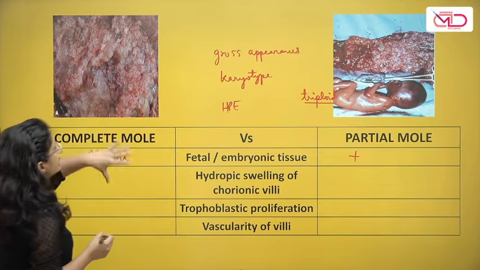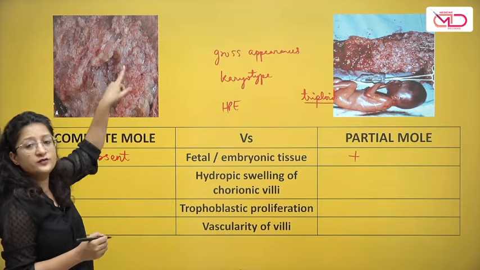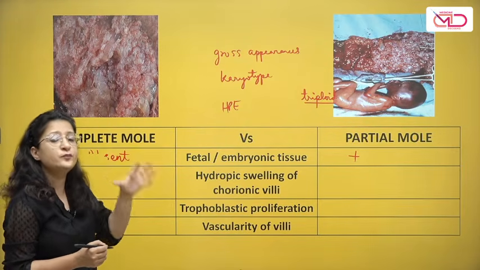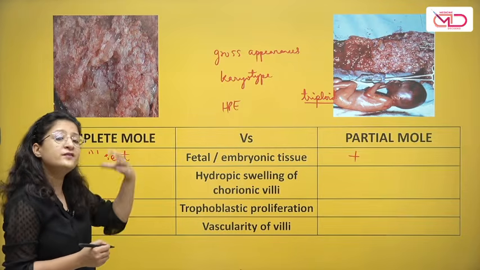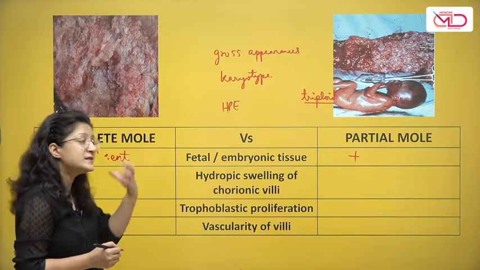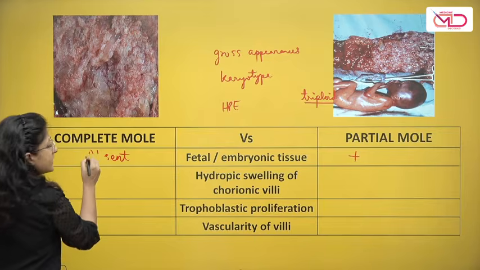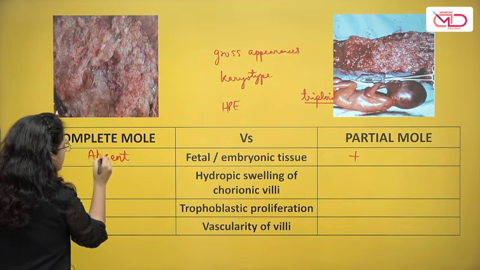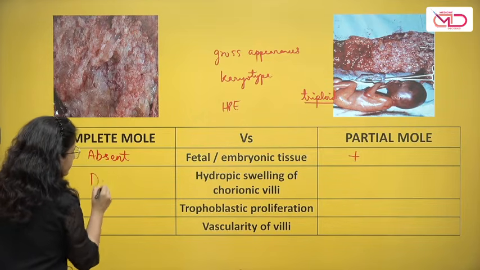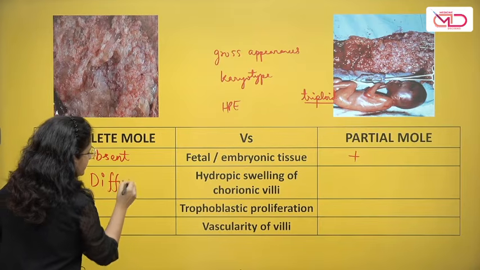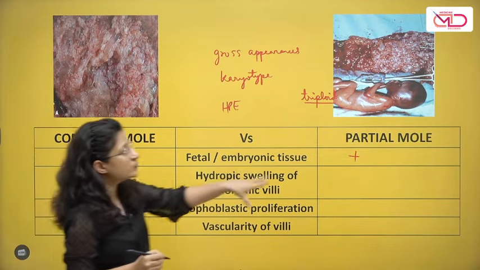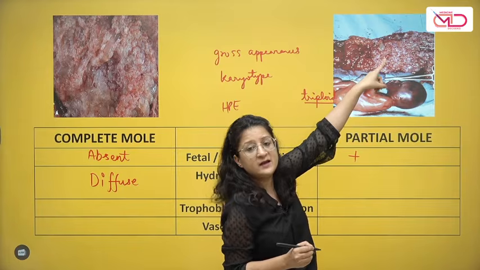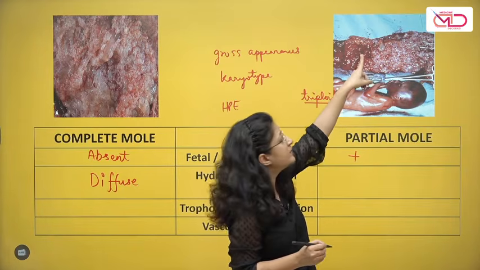On the other hand, you can see the hydropic swelling of the chorionic villi, there is extensive proliferation of chorionic villi only, that is trophoblastic tissue only. So this hydropic swelling of chorionic villi is diffuse in a case of complete mole, and this swelling is seen in parts, in places, in partial mole.